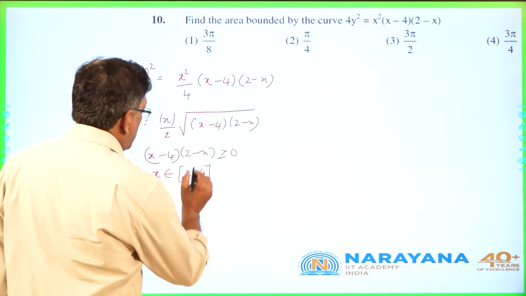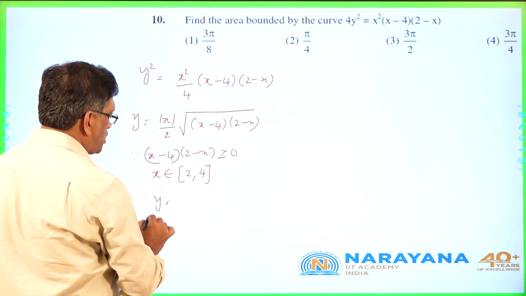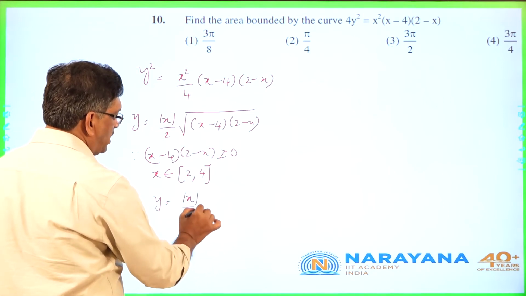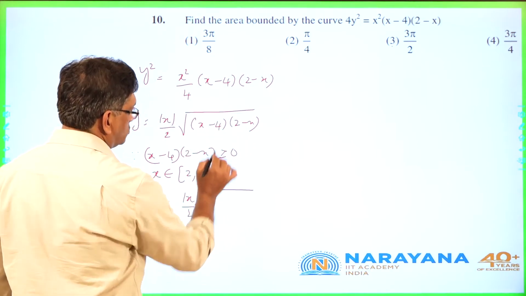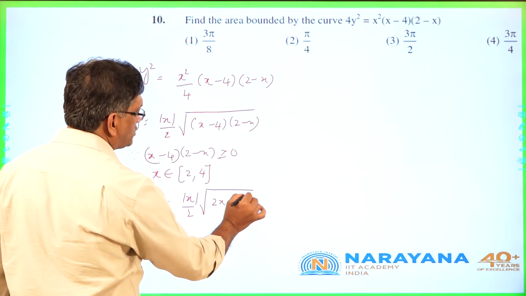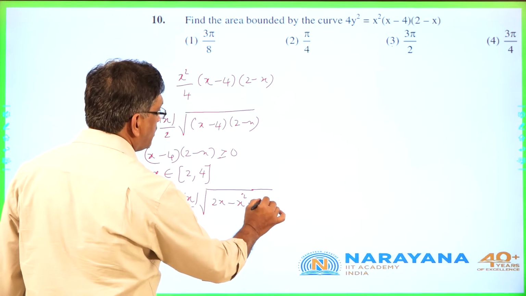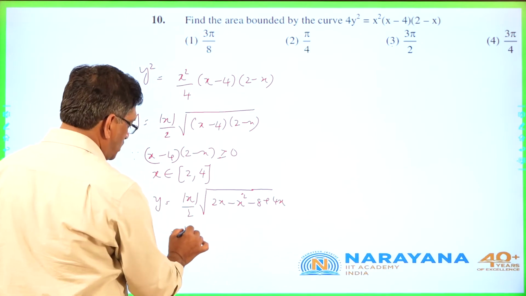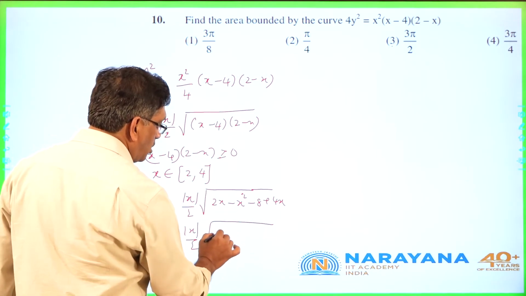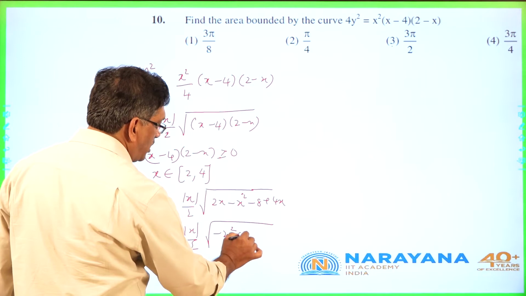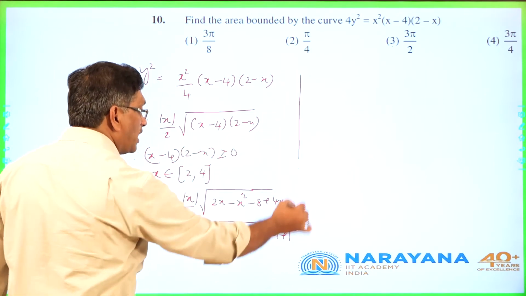So, in such cases, you can write y equal to mod x by 2 into root of 2x minus x square minus 8 plus 4x, that is mod x by 2 into root of minus x square plus 6x minus 8, minus 1 plus 1, like this.